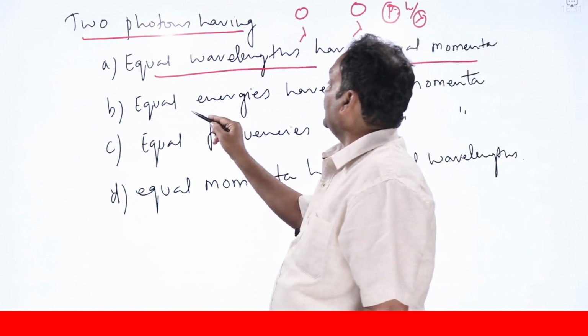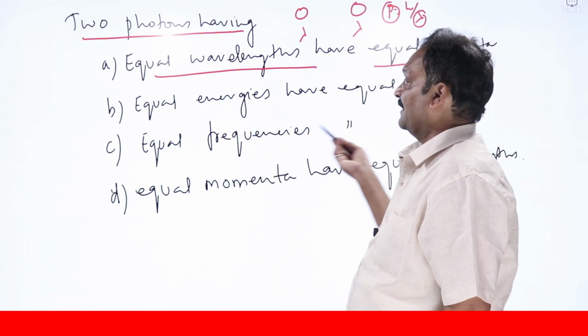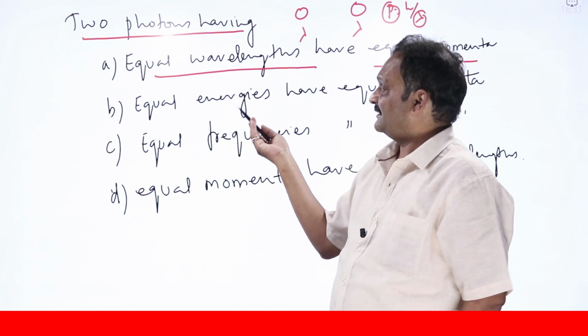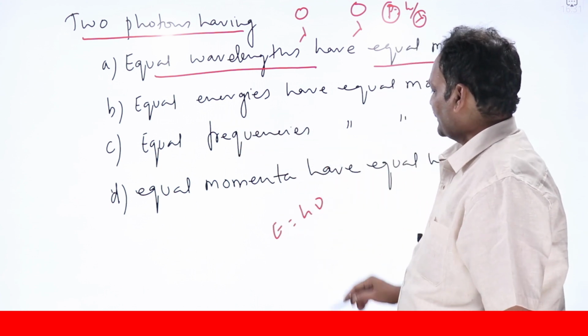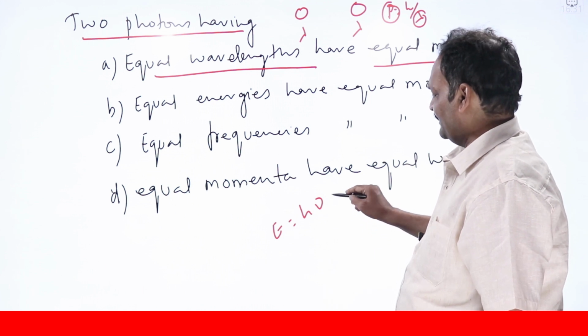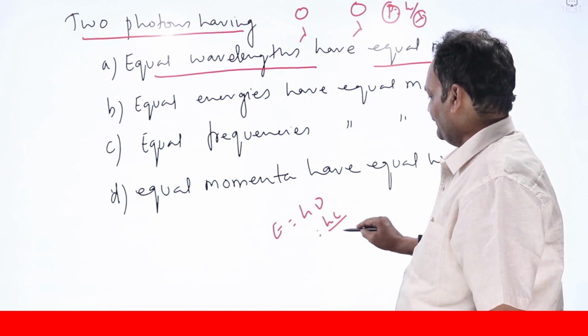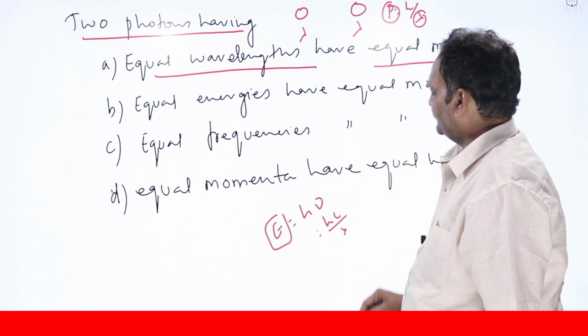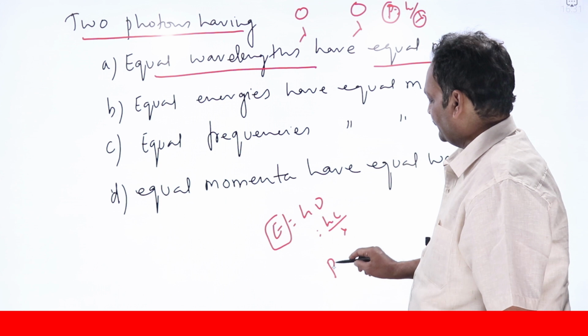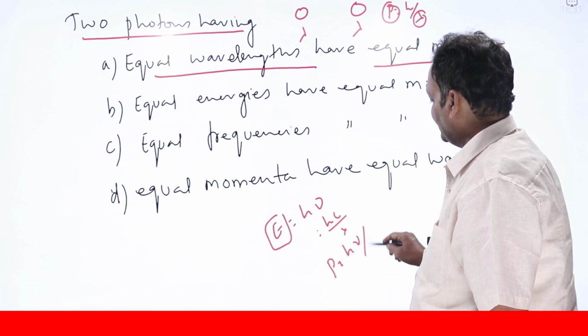Next, equal energies have equal momenta. Energy is a scalar quantity. If energy is equal, the photon's energy E equals h nu, and nu equals c by lambda, so that is h c by lambda. What is the momentum of a photon? We have seen in the Compton effect, h nu by c.